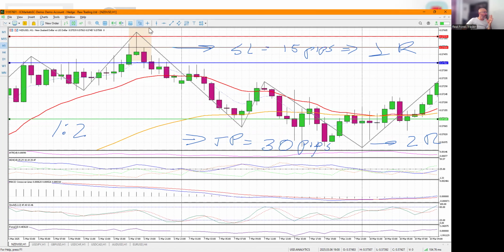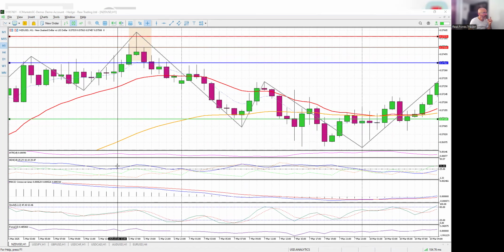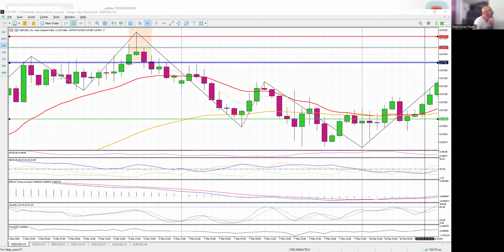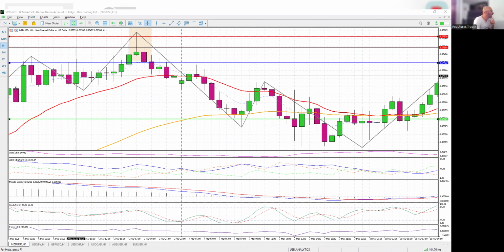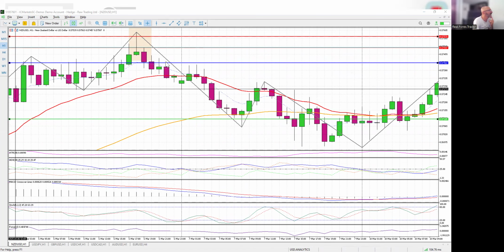All right. Remember, my entry point was here, right? So when this candle closed, I insist that when I placed my entry on this very area, the candle that activated my trade is the trigger candle.